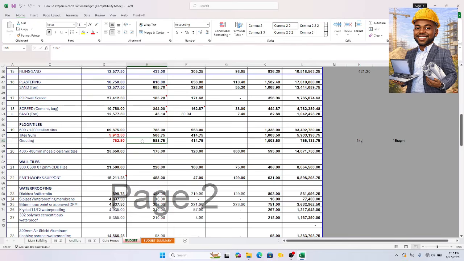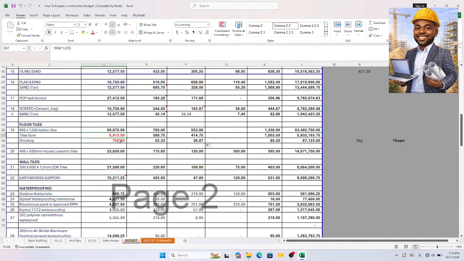So if I want to know what I am going to use, what's the total square area here? This divided by 15. So I'll be needing 52 bags of 5 kgs. The same thing here. I can bring this here. So this is for the grouting.